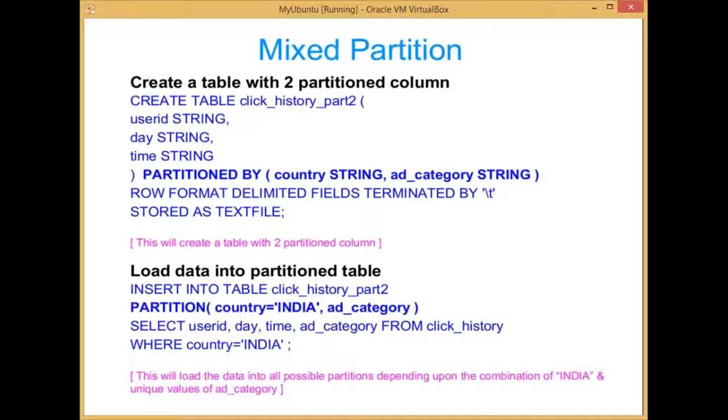Comma, add category, and I am not giving any value for add category, so that means I am using dynamic. So this is possible. After that, select the columns from click history where country is equal to India. Because this condition is there in the partition, I specify that condition only. Since add category is dynamic, there is no need to specify any condition for add category.